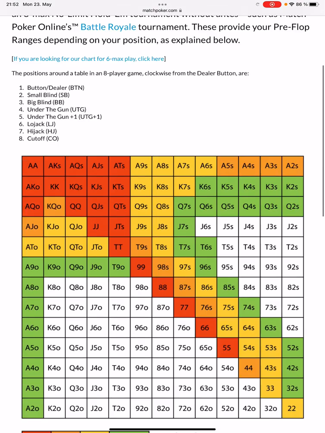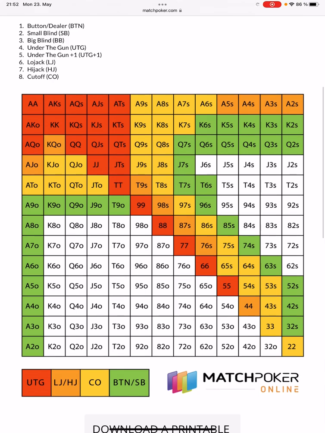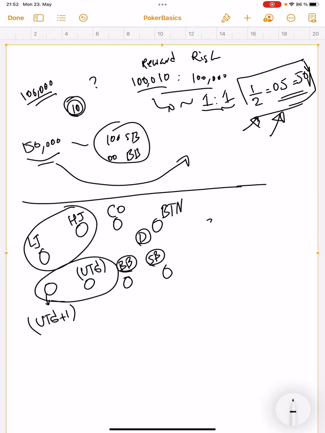These are suited connectors. This is another terminology: suited connectors. These are cards, for example, 9 and 10 both in hearts, right? Or 7 and 8 in spades.